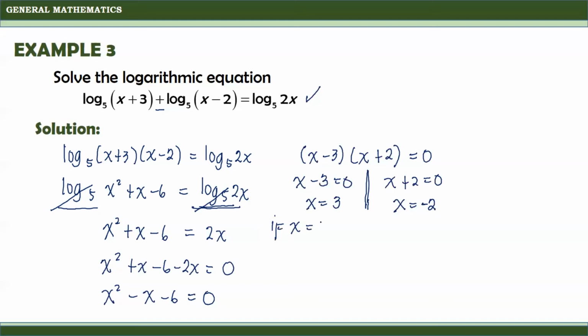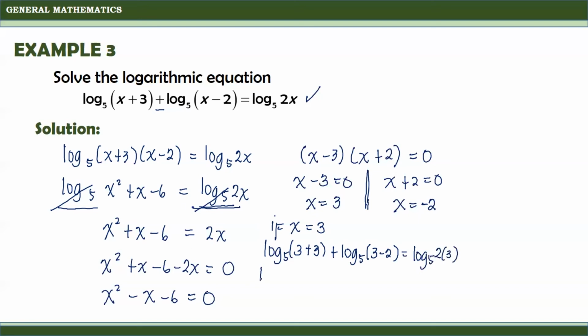If x is equal to 3, then the equation will become logarithm of 3 plus 3 to the base 5 plus logarithm of 3 minus 2 to the base 5 is equal to logarithm of 2 times 3 to the base 5.